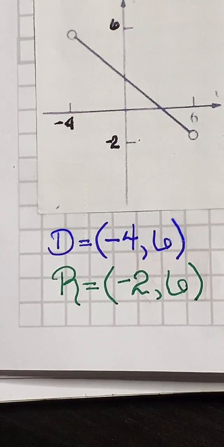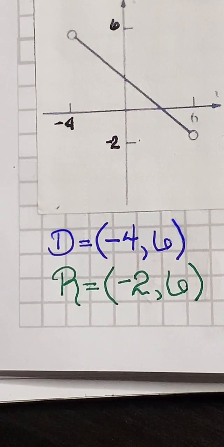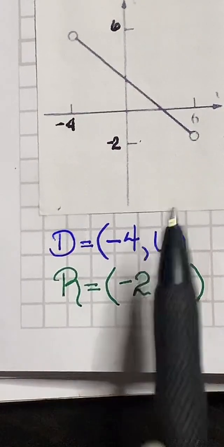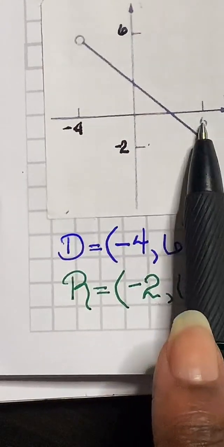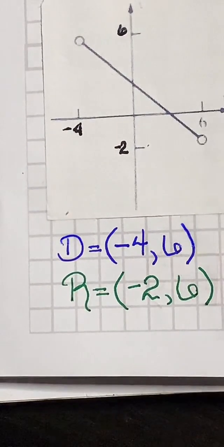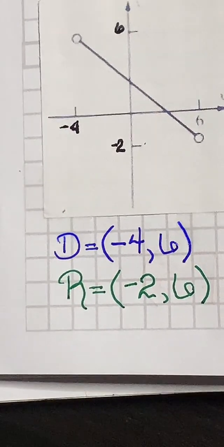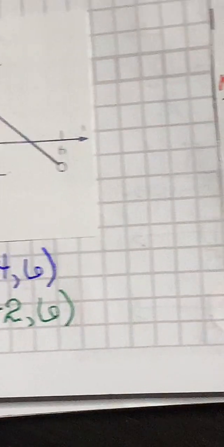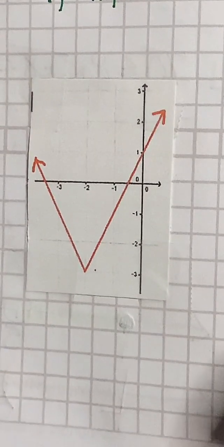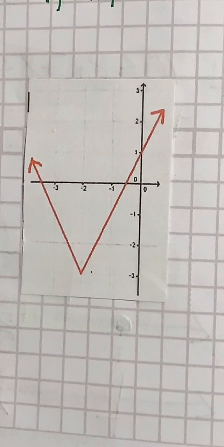Okay, so key thing, domain, x's, range, y's. The domain left to right, the range bottom to top. Okay. One more, last one. Tell me what my domain and my range is.